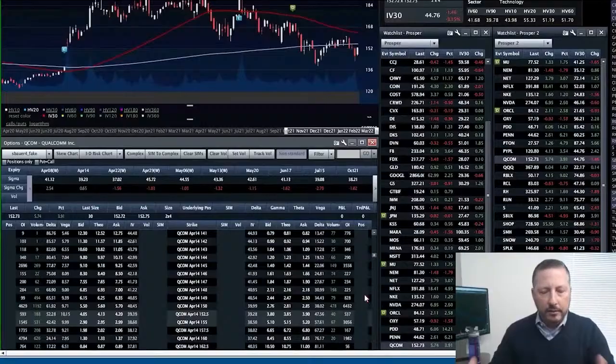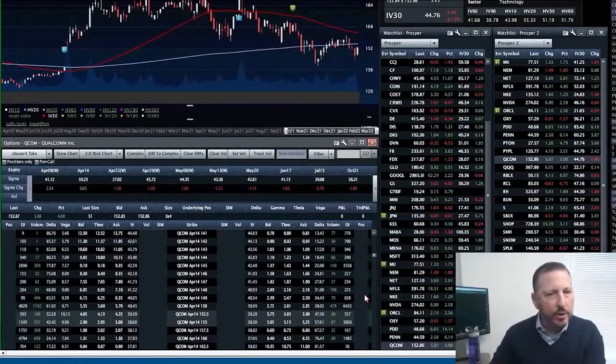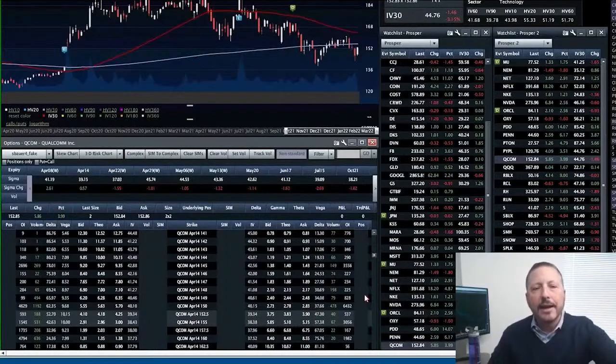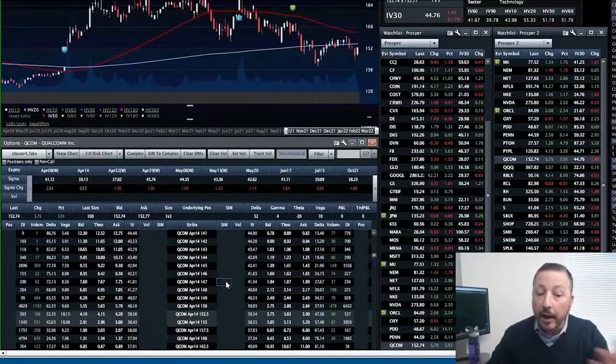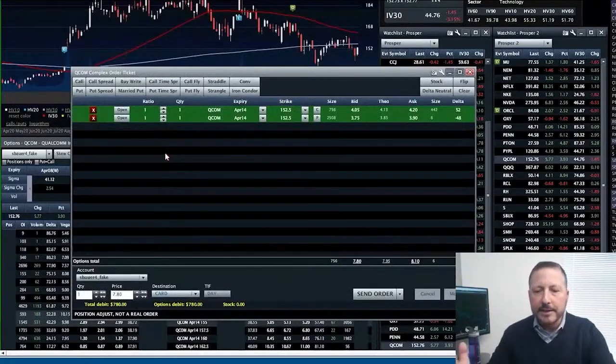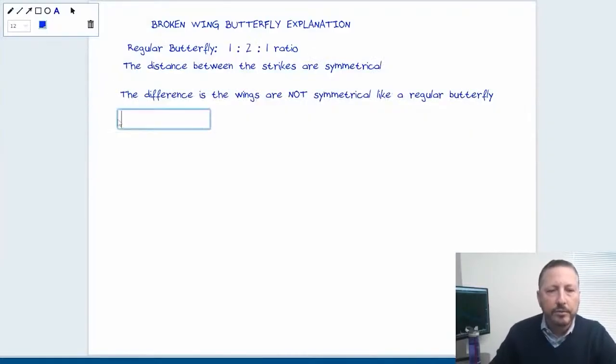The first thing we always want to do is look at the expected move, because we always want to get a target for our short strike. If we look at the straddle, adding together the call and the put option of the at-the-money strike at the expiration we're looking at, we see that it's about $8.